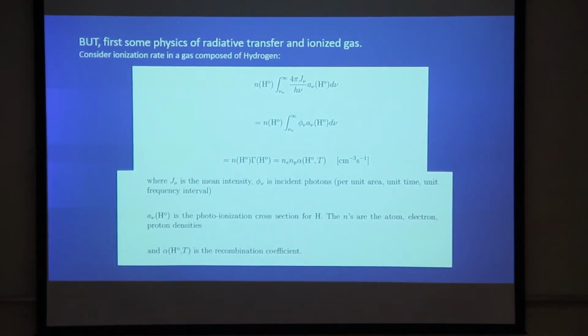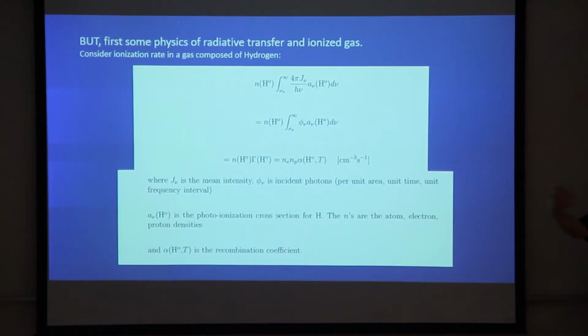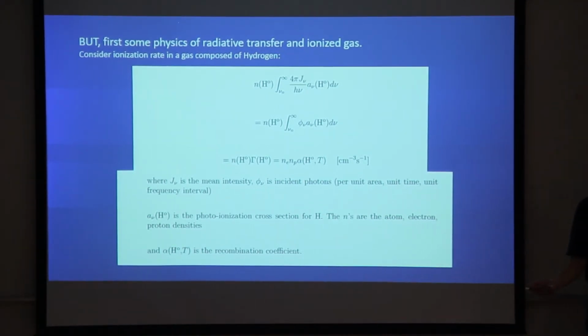The balance here for ionization is the inverse process, which is recombination. So the right-hand side, if you finally get to the right-hand side here with all these unit steps, tells you the rate of recombination. And this is all per unit volume here. So these are electrons, and these are protons.